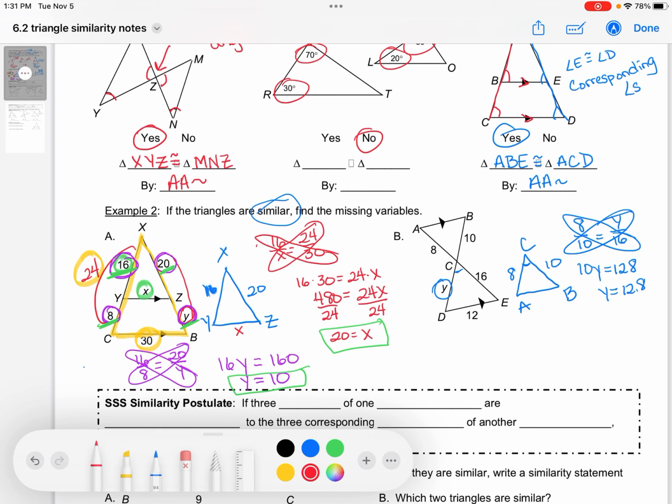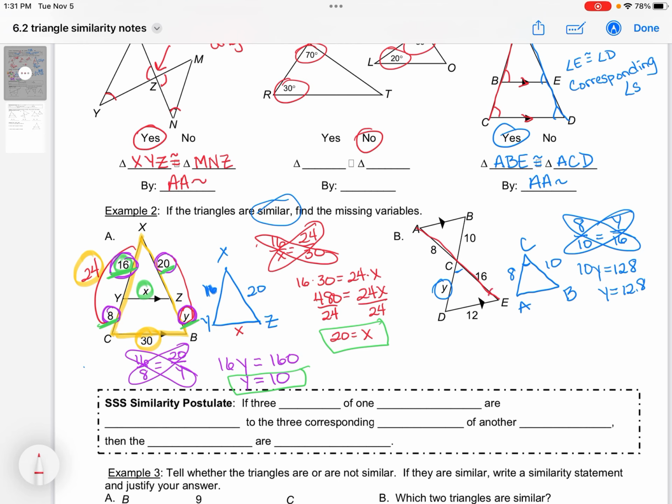So let's fix this, because when I look at this transversal, these guys are equal. So when I turn my triangle over, I should really rotate it instead of flipping it so that I end up with A, B, C like that. AC is 8, BC is 10.